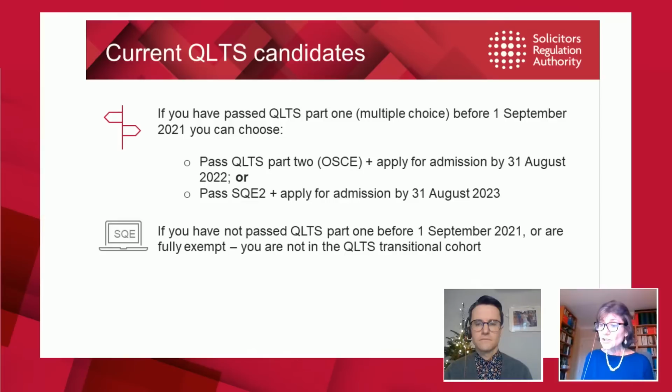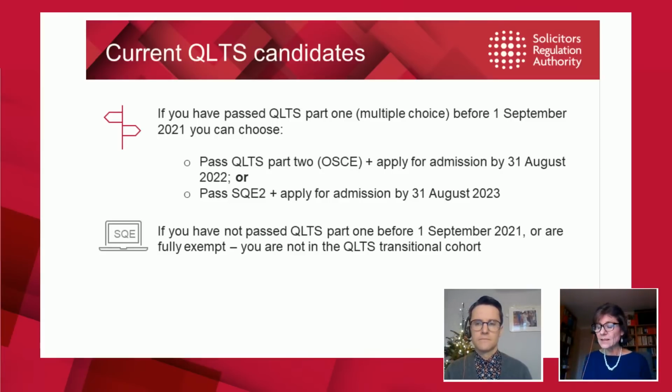So what do you need to do then to get into the transitional cohort through the QLTS? Well, the answer is, as set out in the slide, that if by the 1st of September 2021, you have already passed the multiple choice test in the QLTS, then you are in the transitional cohort.